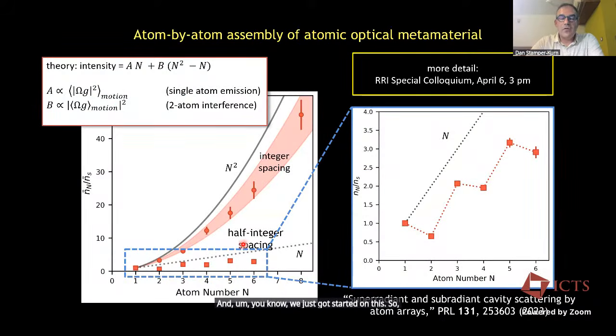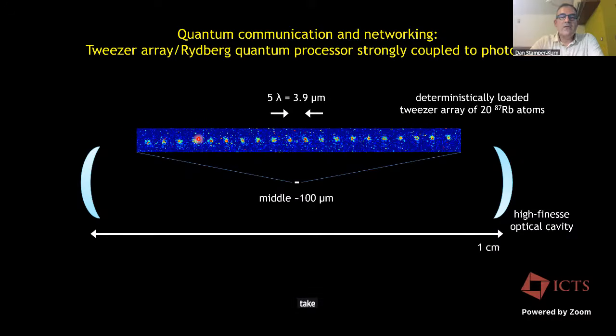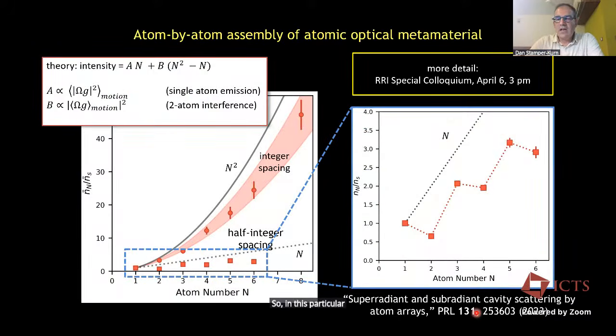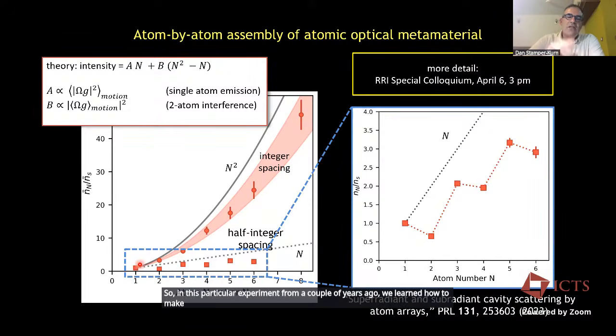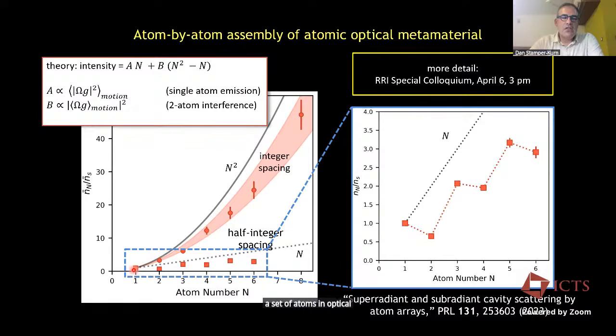So for example, we've learned that if we take this array of single atoms and we cause them to emit light into the cavity, then depending on how the atoms are arrayed in this kind of metamaterial of atoms, they can have a collective response that is very different from the response of single atoms. In this particular experiment from a couple of years ago, we learned how to make a set of atoms in optical tweezers emit quadratically more light than single atoms would emit.